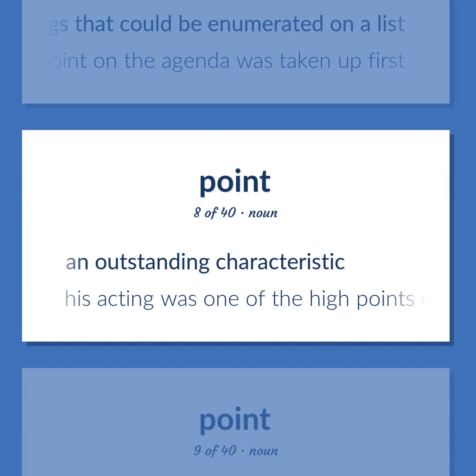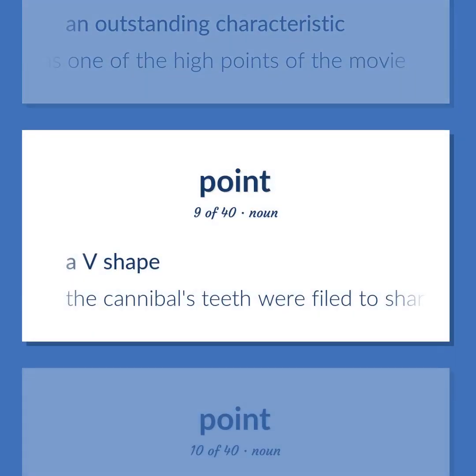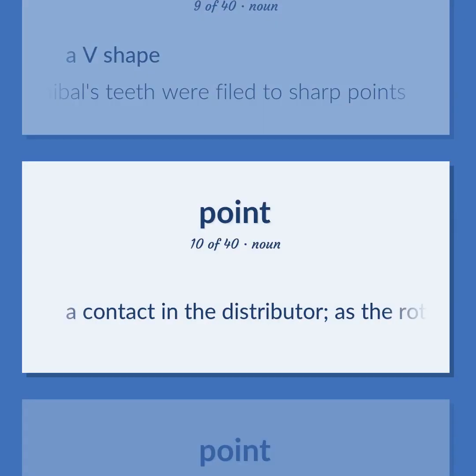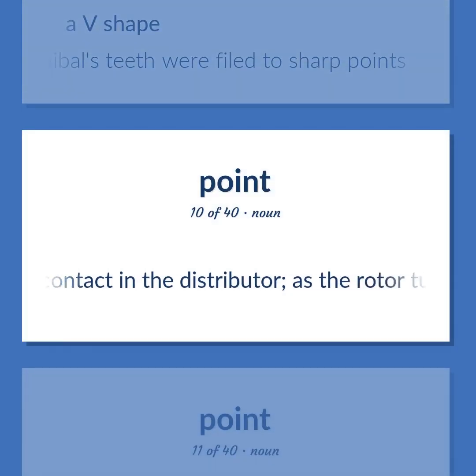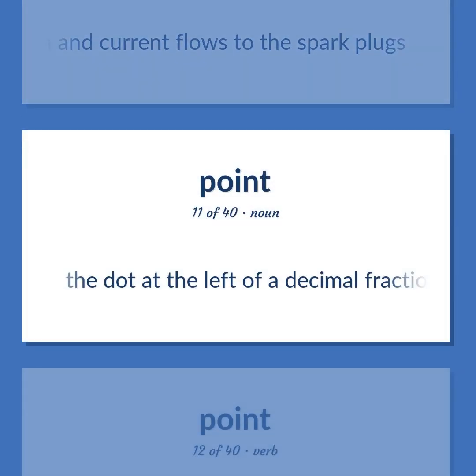His acting was one of the high points of the movie. A V shape. The cannibal's teeth were filed to sharp points. A contact in the distributor. As the rotor turns, its projecting arm contacts them and current flows to the spark plugs. The dot at the left of a decimal fraction.